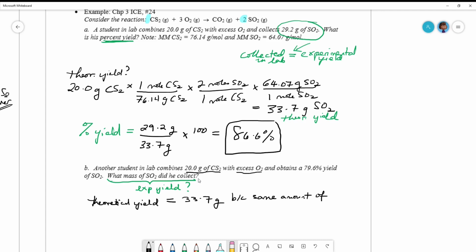In other words, the calculation I did here still is valid for theoretical yield.